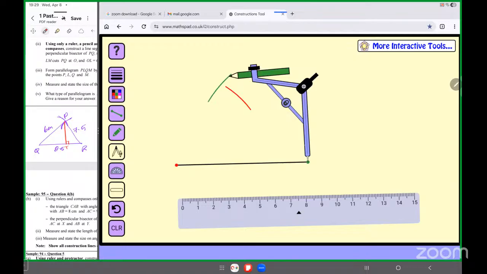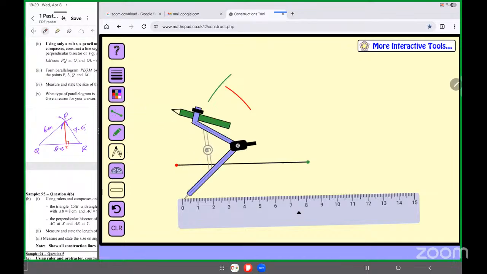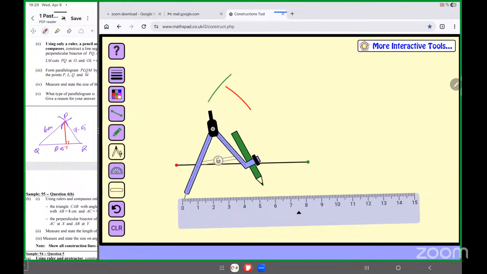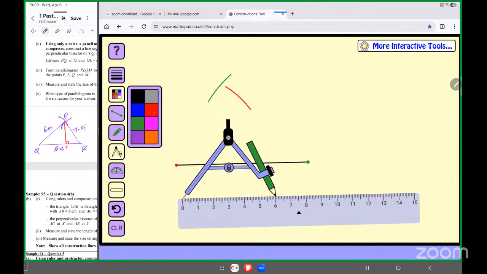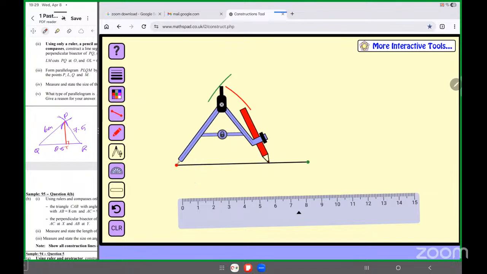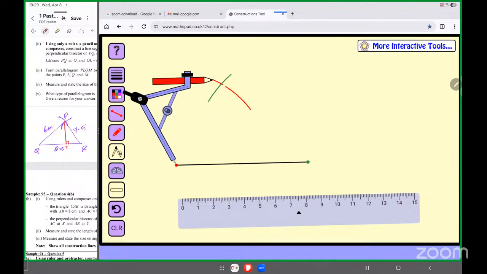The arc was too short. Let's go back for the 6, in red. Come back up here and rotate up.